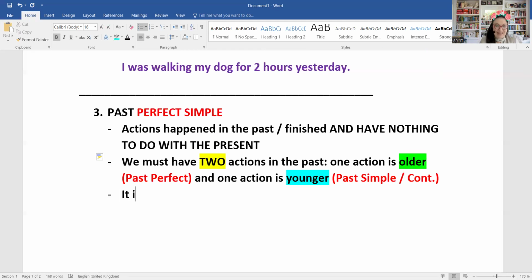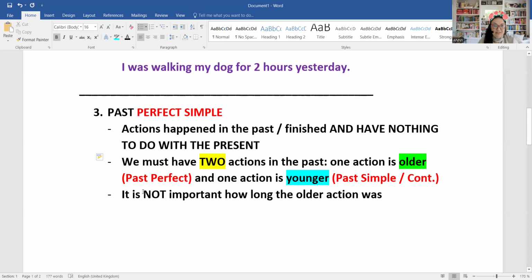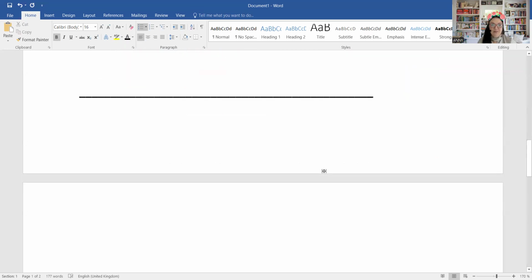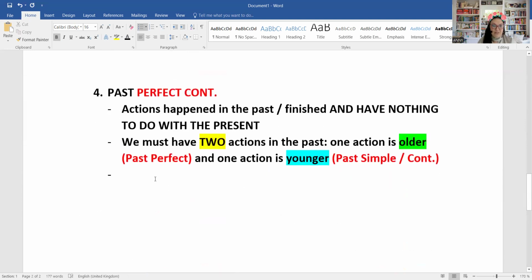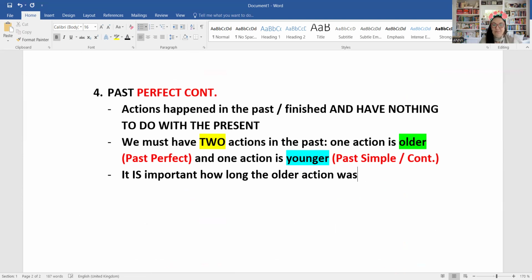Yes, it is not important how long the older action was. For past perfect continuous, it is important how long the older action in the past was.